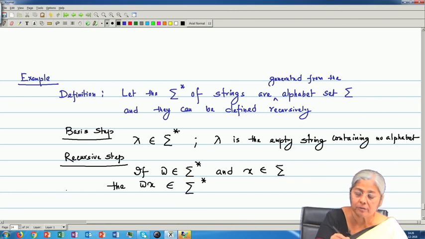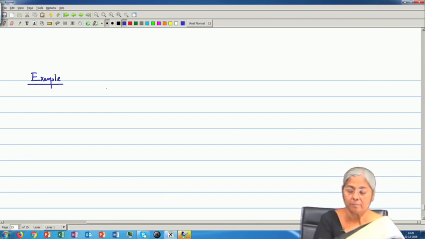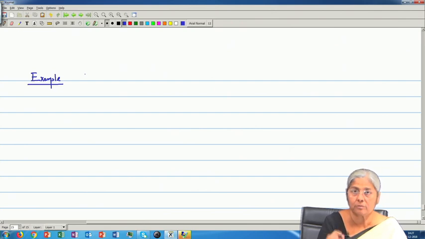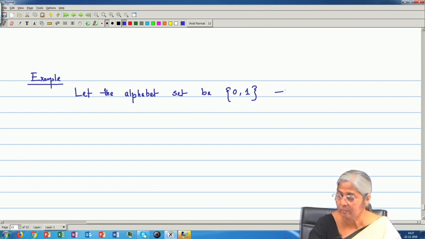Okay. Now, with this definition, if we take an example with a fixed alphabet set, let the alphabet set be 0, 1. I have only 2 symbols.